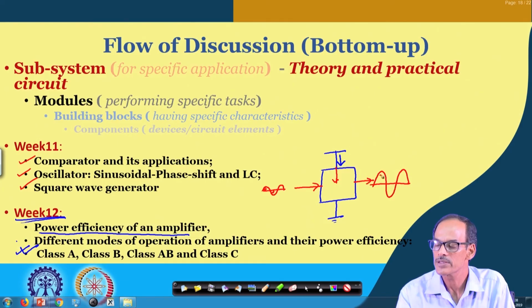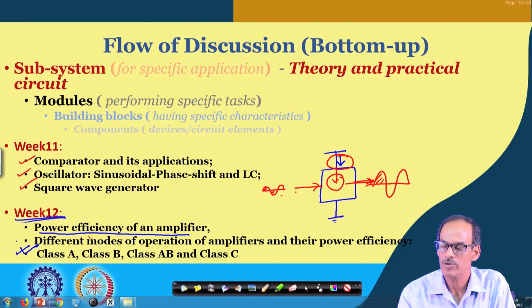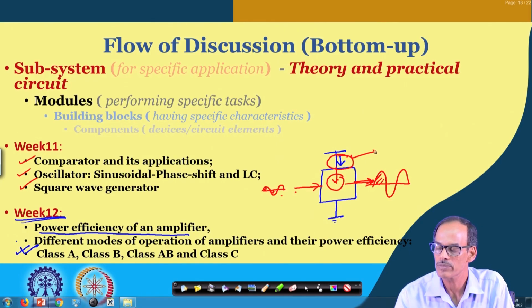Gain may be important, but it may not be so crucial. What is important is how much of the DC power is converted into output power. So, we will be discussing power efficiency, which means how much of the power we draw from the DC source actually gets to the signal. That power efficiency will be discussed there.